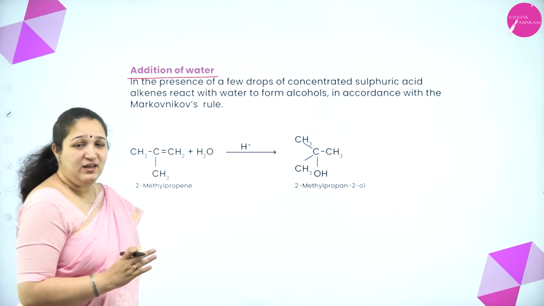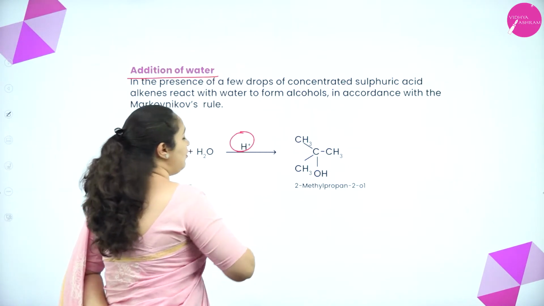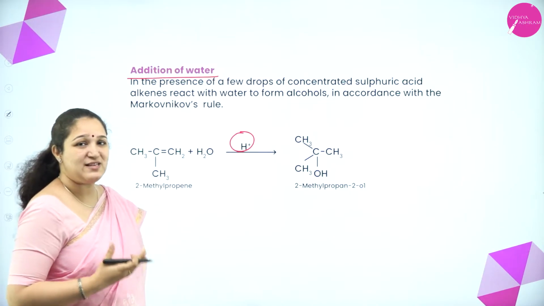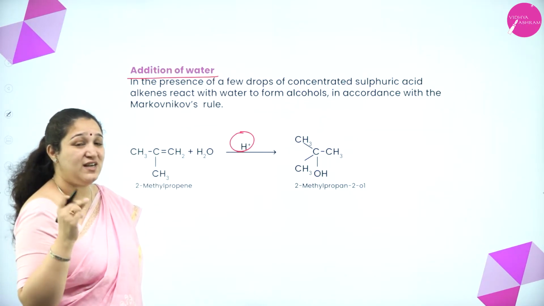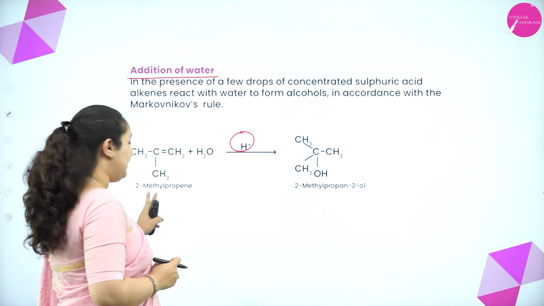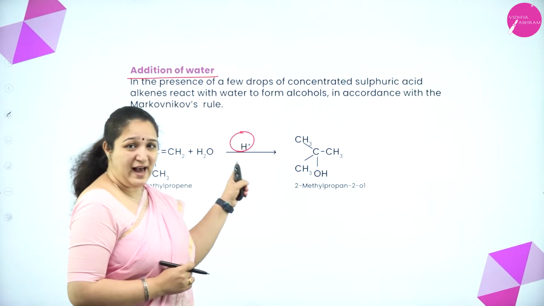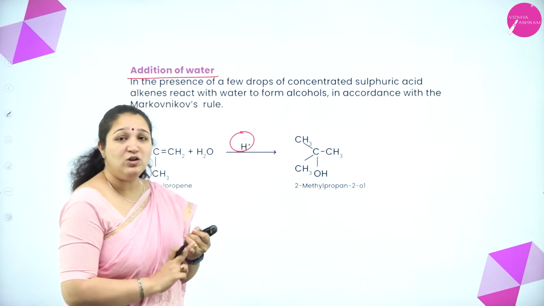When alkene reacts with water in the presence of a small amount of concentrated sulfuric acid, or any other acid which contains H plus ions, the water will get added to alkene in the presence of acid to give alcohols.